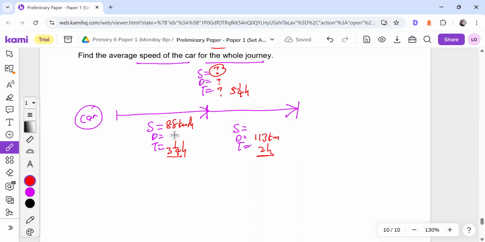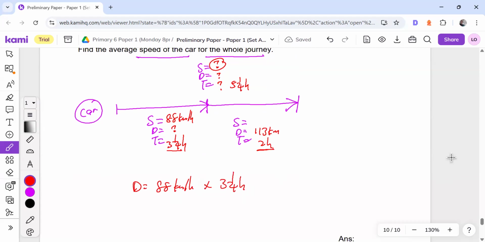Can you find the distance traveled by the car? So distance is equal to speed multiplied by time. And again, there's a mixed number. You will have to change the mixed number into an improper fraction. So 88 over 1 times, change the mixed number into improper. Very important. Then you can multiply or divide.